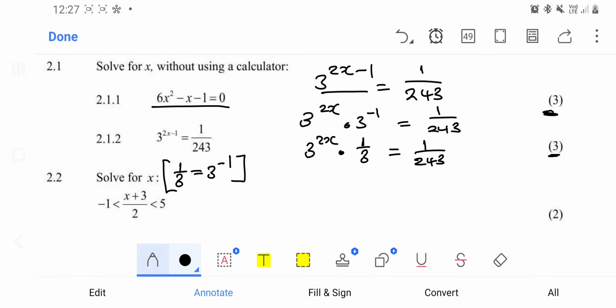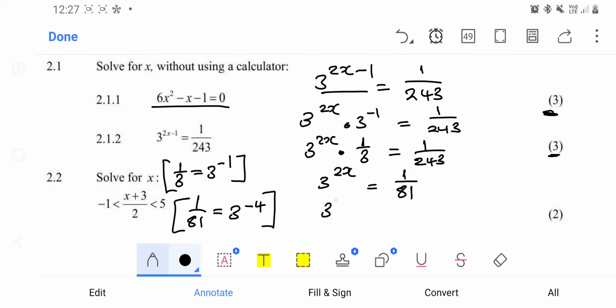So we can say cross multiplication, or we divide on the left hand side by 1/3 and on the right hand side by 1/3. And then on the left hand side we will remain with 3 to the power of 2x. And then this will be what? If you say 1 divided by 243 divided by 1 divided by 3, we get 1 divided by 81. So 1 divided by 81 is the same as 3 to the power of -4.